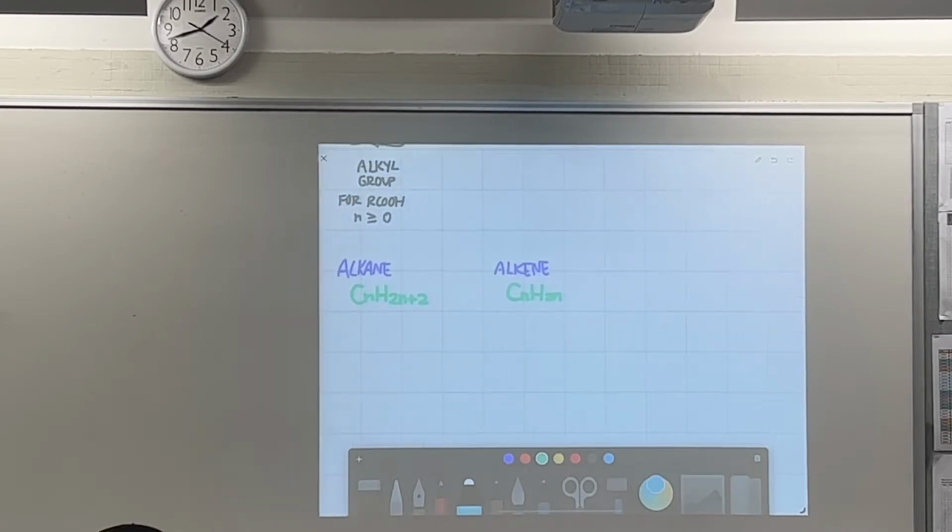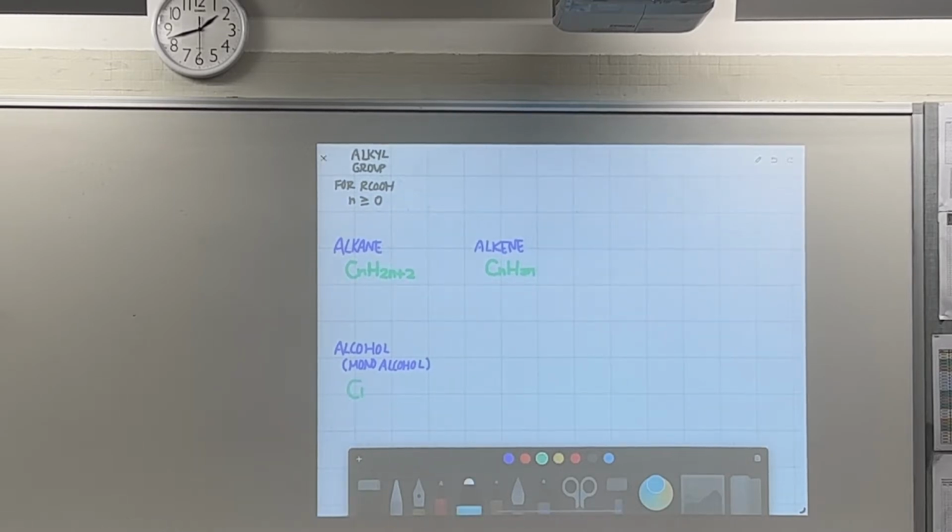For alcohol, we are talking about mono alcohol. We don't mean the diol or stuff. The general formula will be CnH2n+1OH. And finally, here we have carboxylic acid, which you just saw. They have general formula CnH2n+1COOH.